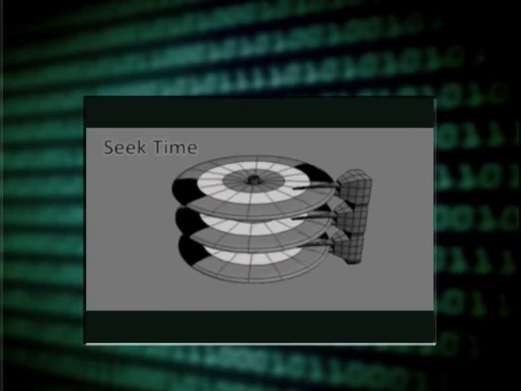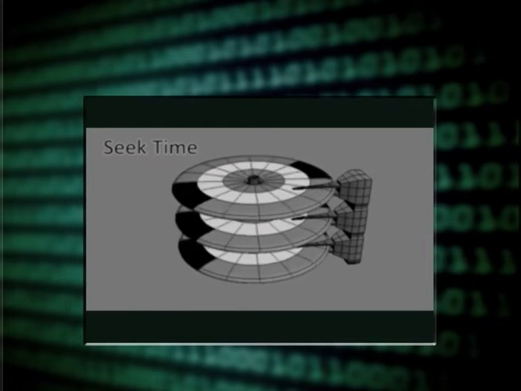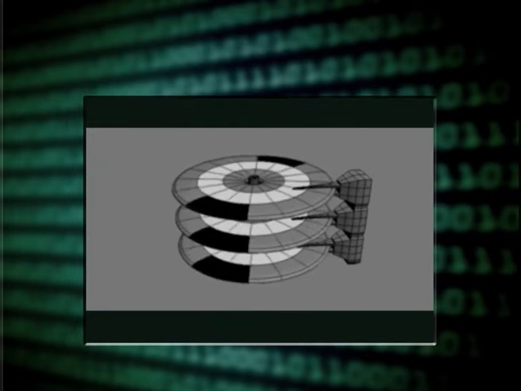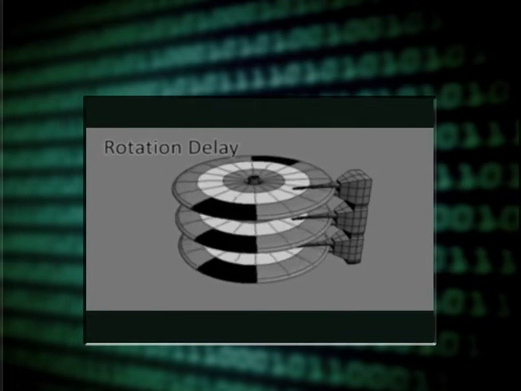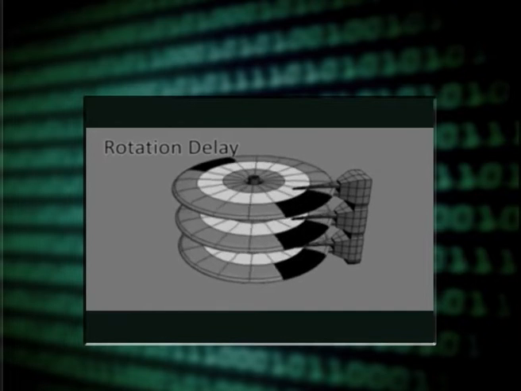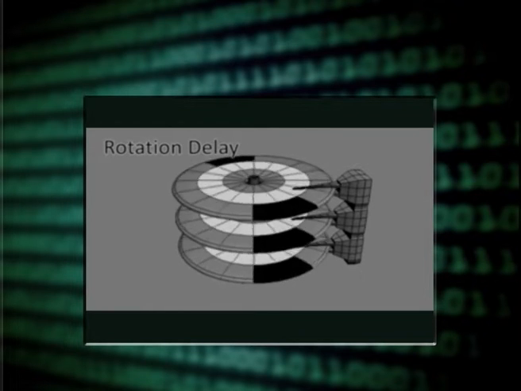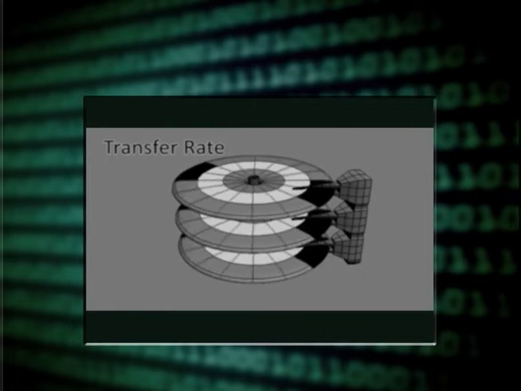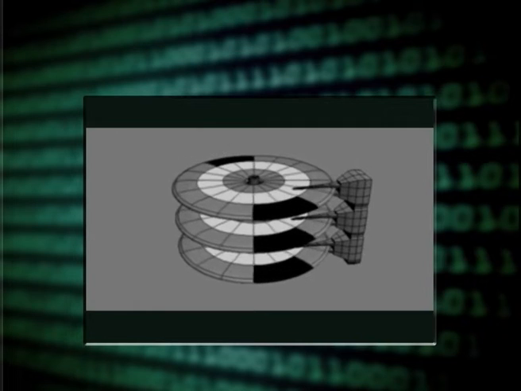Step number 1 is to move the read write head to the cylinder that contains the desired data. I have explained earlier what I mean by the cylinder on the hard disk. The second step is to rotate the disk into the proper position so that the read write heads are located over the part of the cylinder to be used.